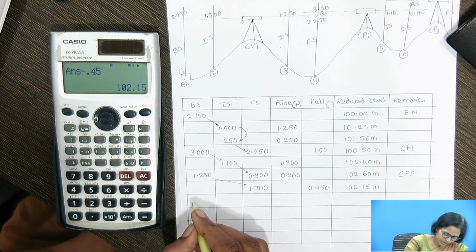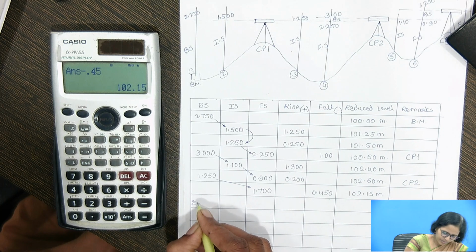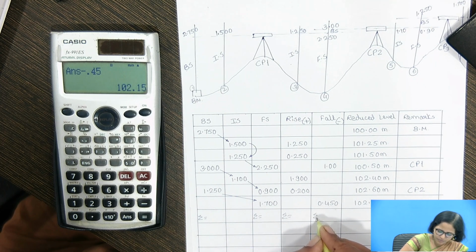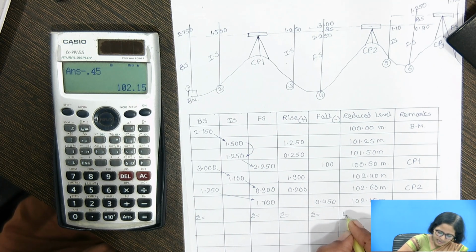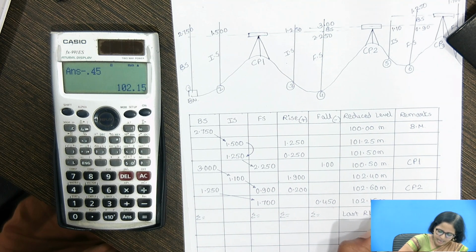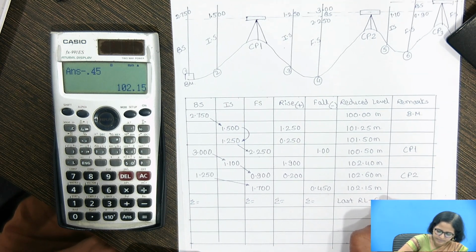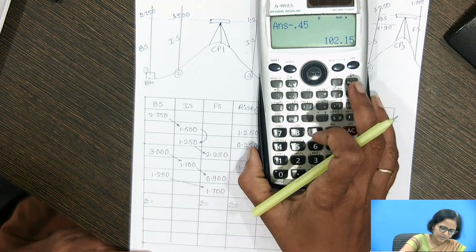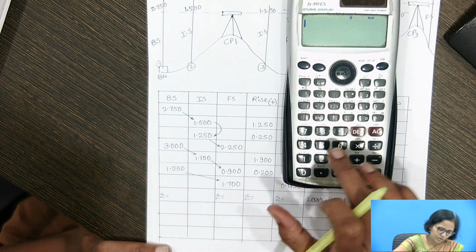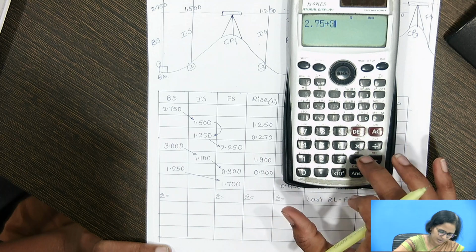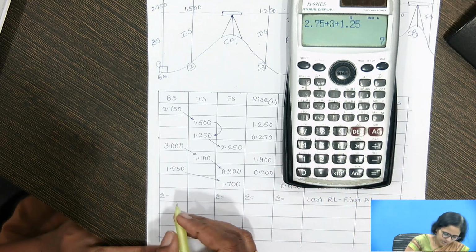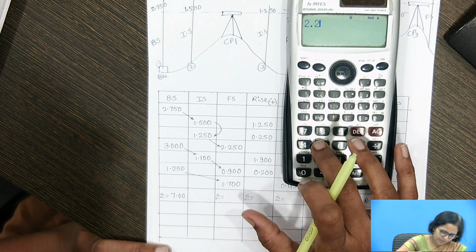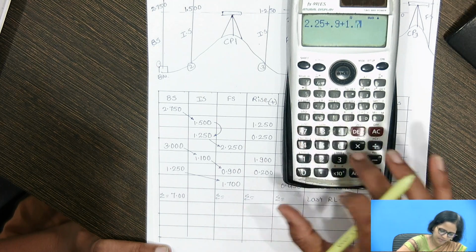So now you are going to take a check over there. So let's find the summation of BS, summation of FS, summation of rise, summation of fall, and next you have last RL minus the first RL. So just have a summation of this, that is 2.75 plus 3 plus 1.25. So it works out to be 7. So next FS, 1.25 plus 0.9 plus 1.7.